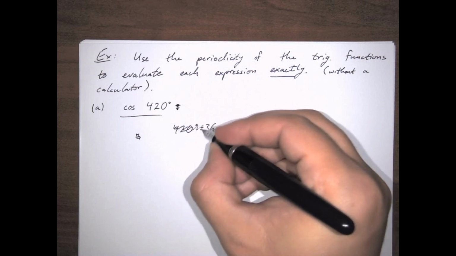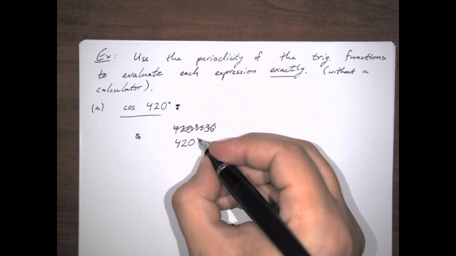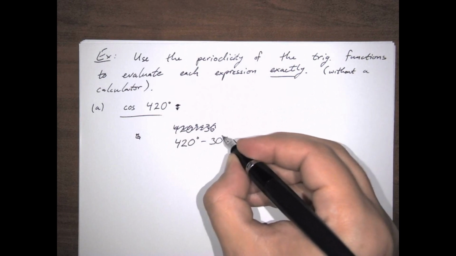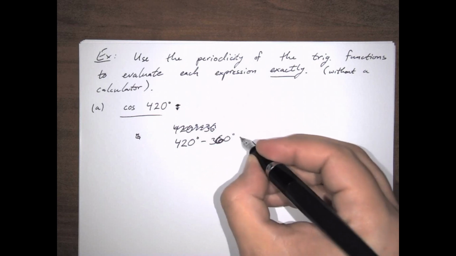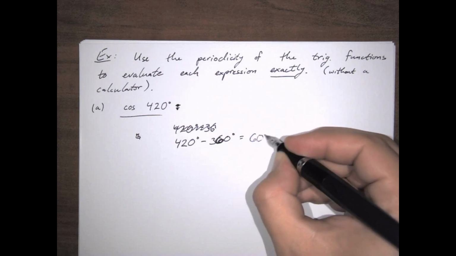The best way to write this is to subtract the 360 from it and see what we get. And 420 minus 360 is equal to 60 degrees.